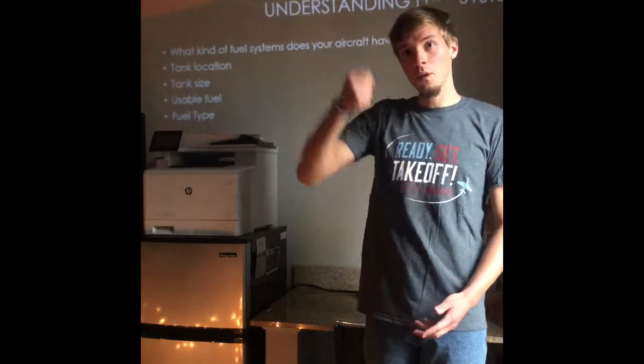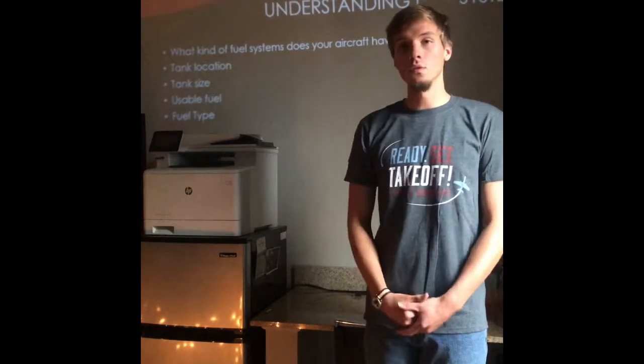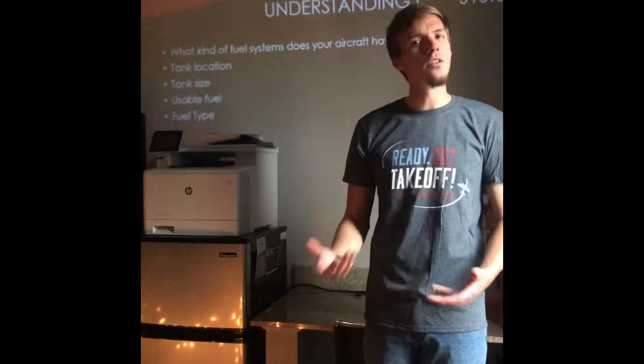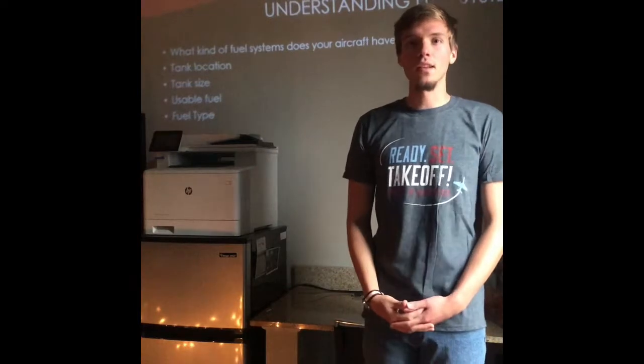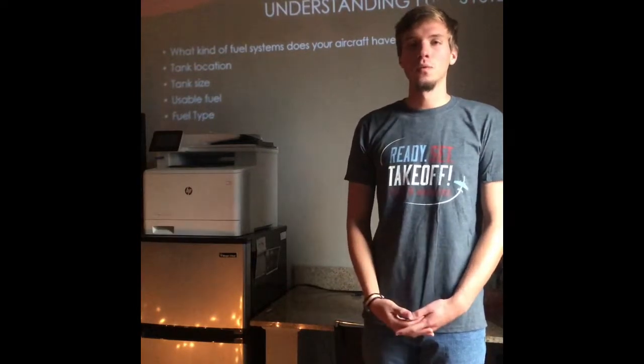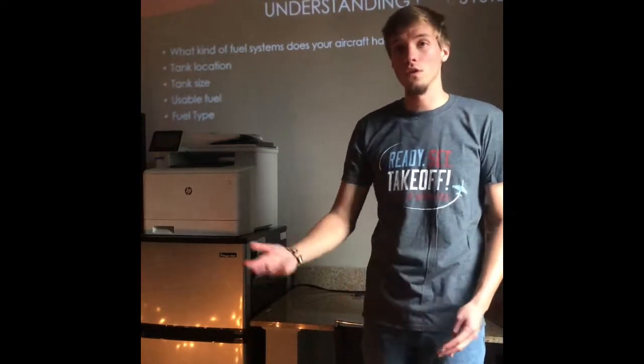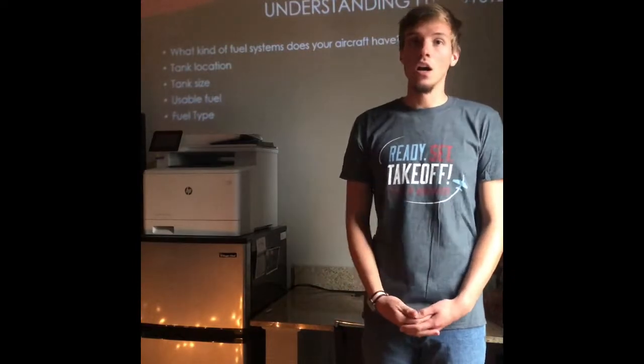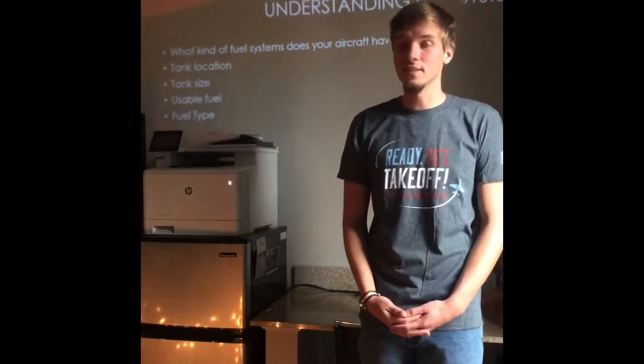You would sump all of these, look at the color of the fuel to make sure that it's blue. If there's any clear or anything like that, you will notice a lack of color, which would be water, and that would cause you to go into a water and fuel tank checklist or submit the plane for maintenance.